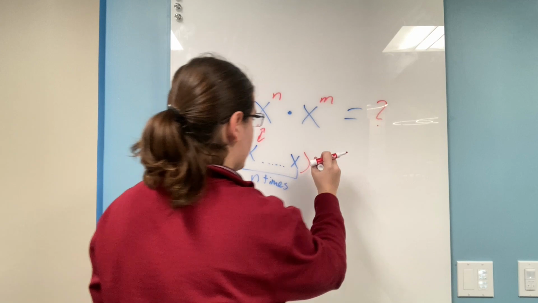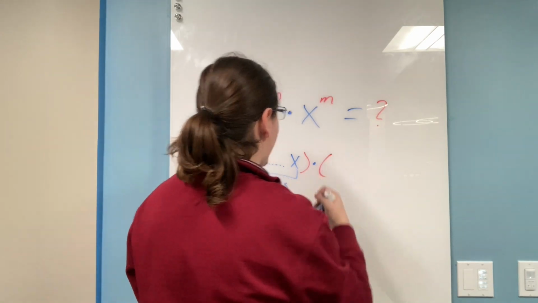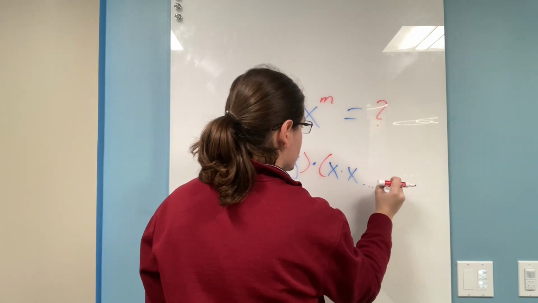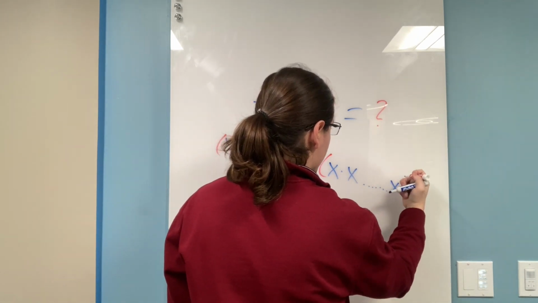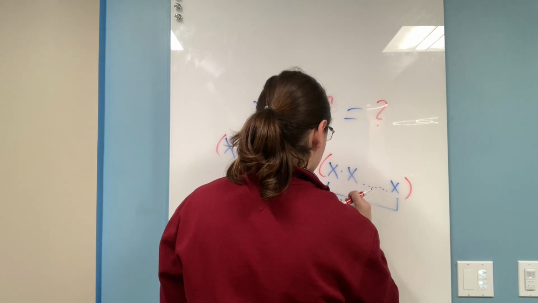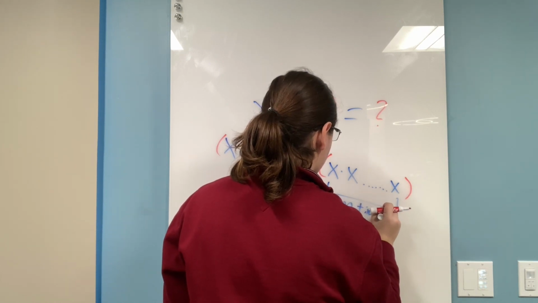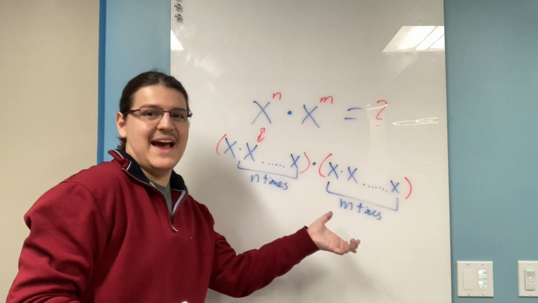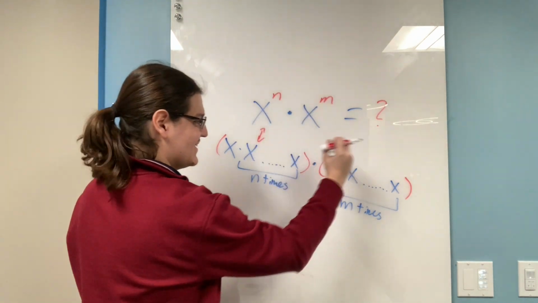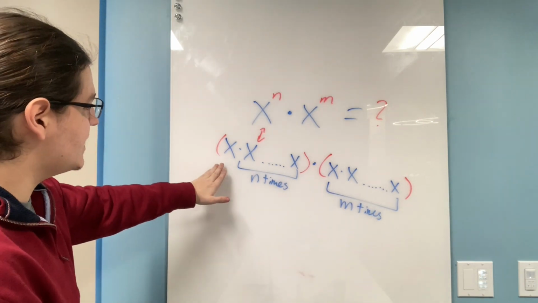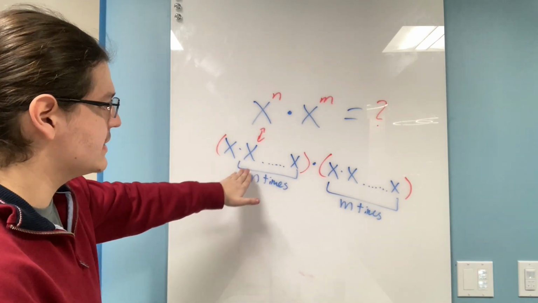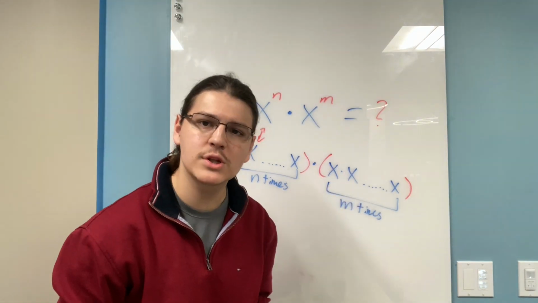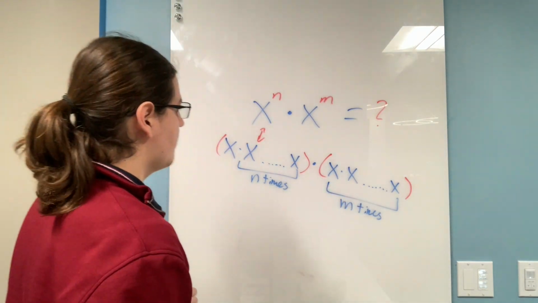And on the other side, I'm going to keep the multiplication, and in brackets, I'm also going to have x times x continuously being multiplied m times. I'm sorry if it's a little bit diagonal. I'm still not used to writing like this. But as we can see, we have x being multiplied continuously n times, and then it's going to continue being multiplied m times.